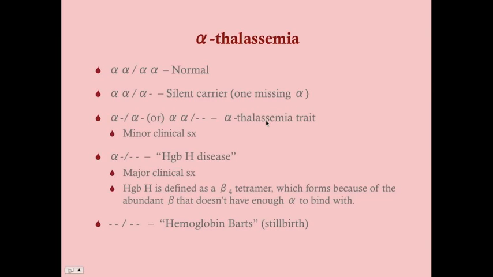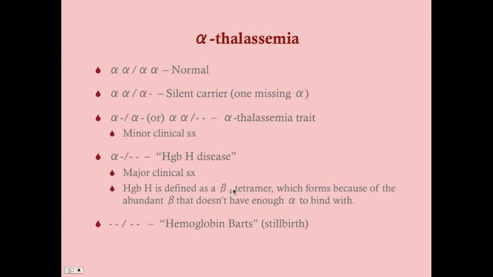Hemoglobin H disease is when you have 3 missing alpha genes, and that causes major clinical symptoms, major symptoms of thalassemia. These patients are going to be much more clinically sick. Now, we call it hemoglobin H disease because in these patients, in their blood, when we do the electrophoresis, we find beta-4 tetramers. Why would we have beta-4 tetramers?